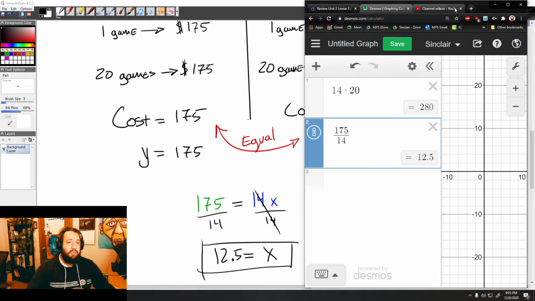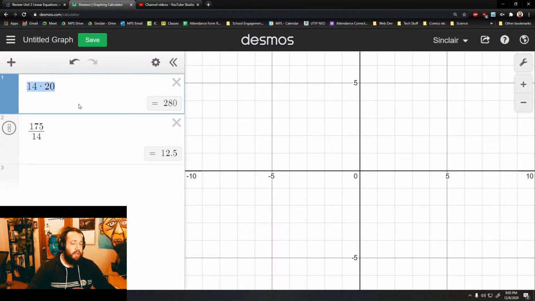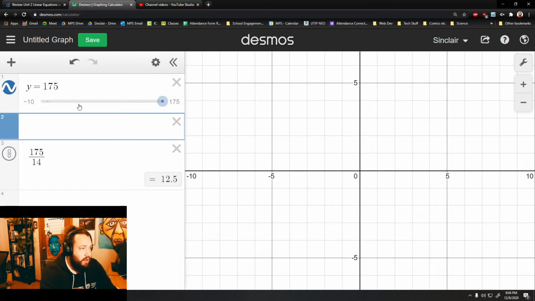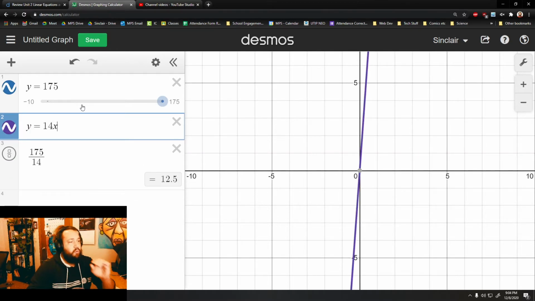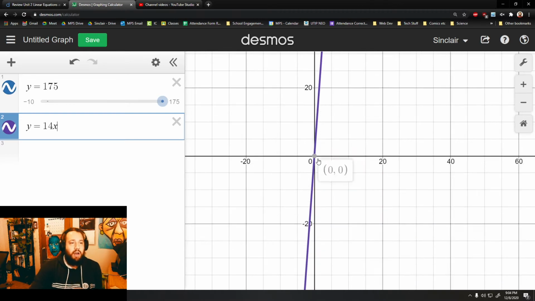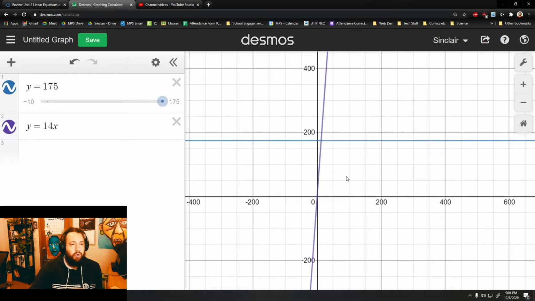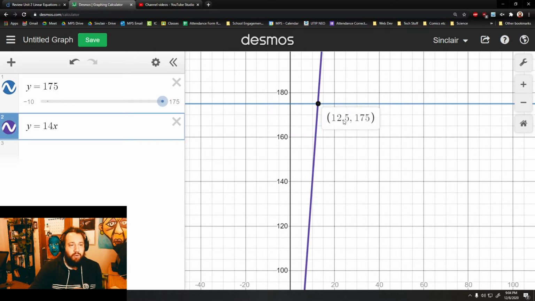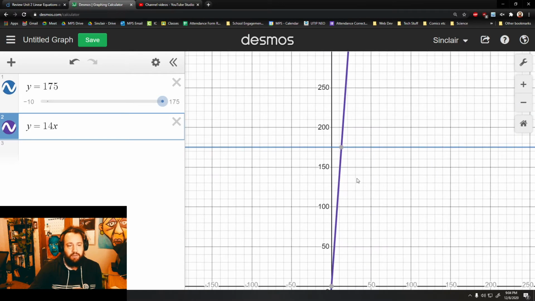You can just say y equals 175 and y equals 14x. And wherever these two things cross, boom, that's the value. And look at it. It's 12.5, which makes sense.